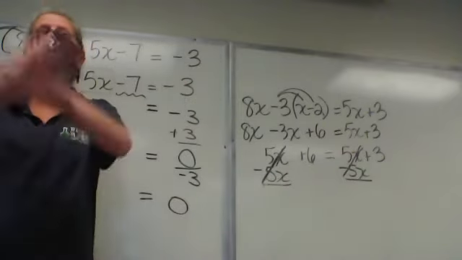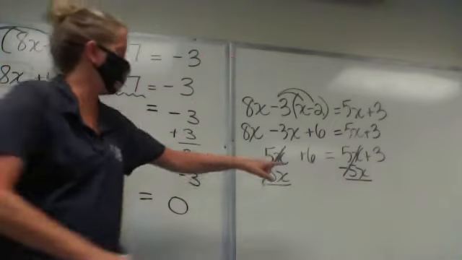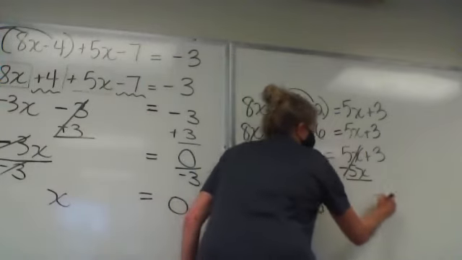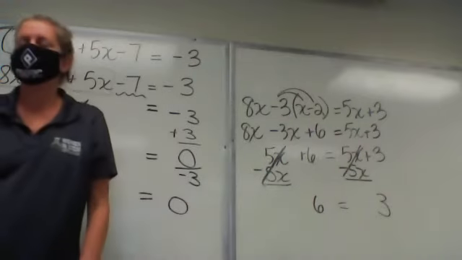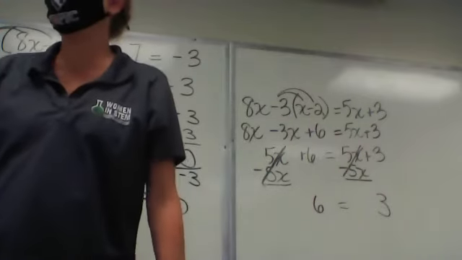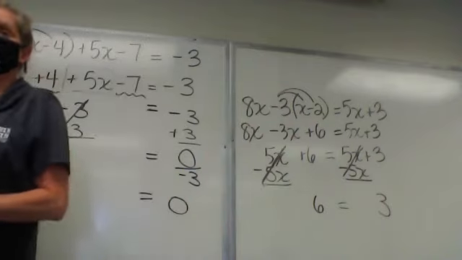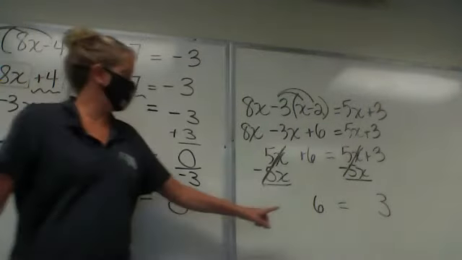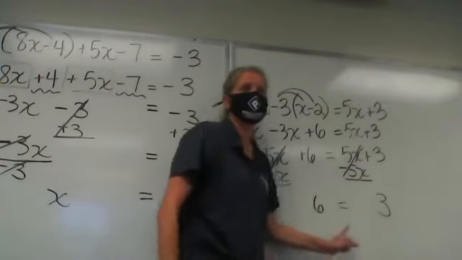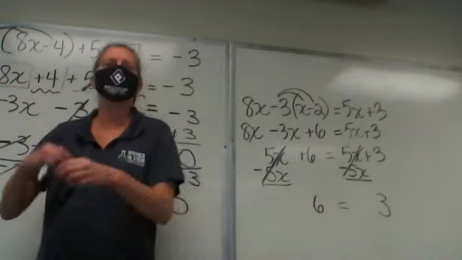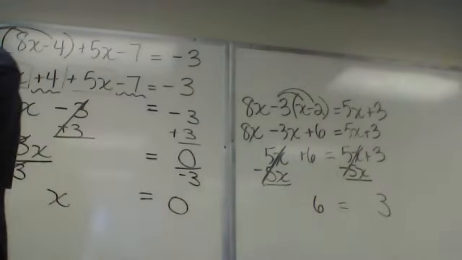My x's are completely gone. All I have left is this right here that says 6 equals 3. Is that a true statement? Does 6 equal 3? No. That just means if your x's cancel, but you don't have a true statement here, there's just no solution. There's not a number that you could put in for x that would make that right.